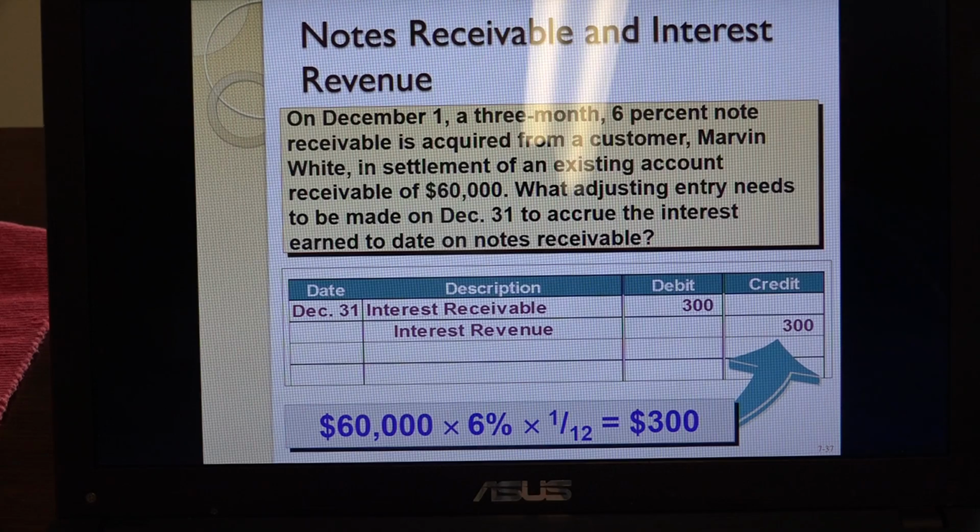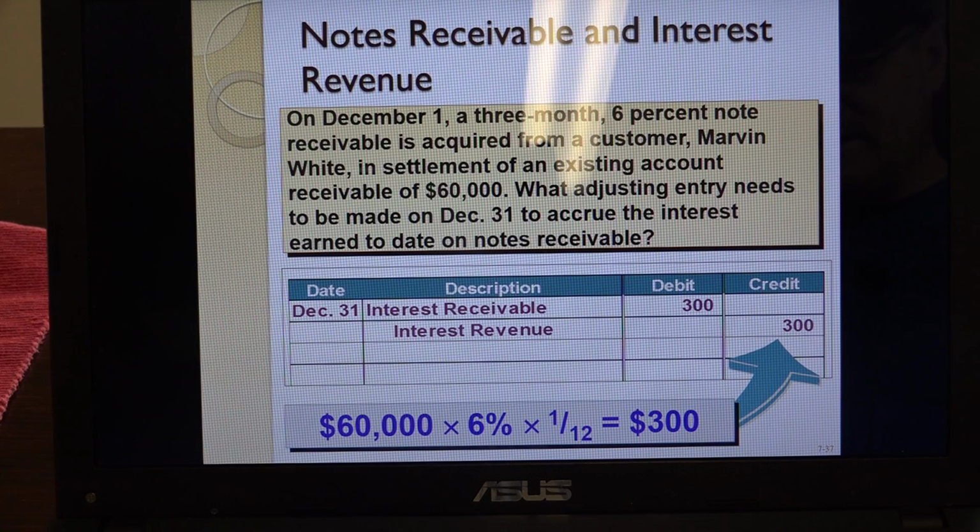He's going to pay it at the end of February, basically, of the next year. And so we've got a year end of December 31. We have to account for the accrual of 1 month of interest revenue.